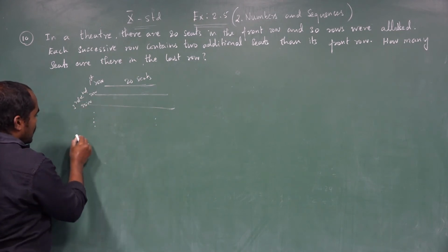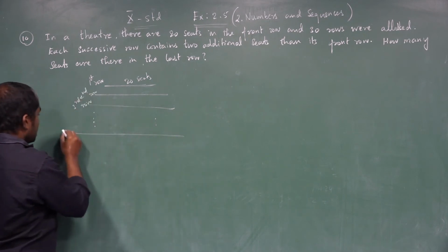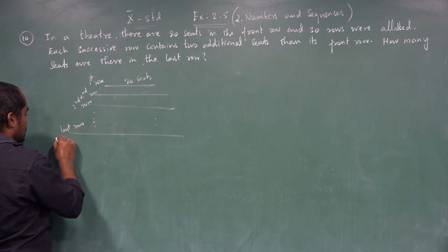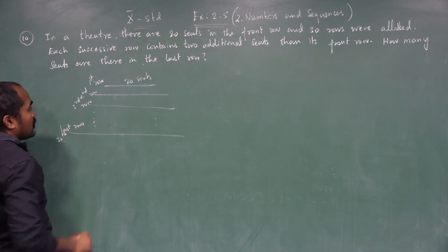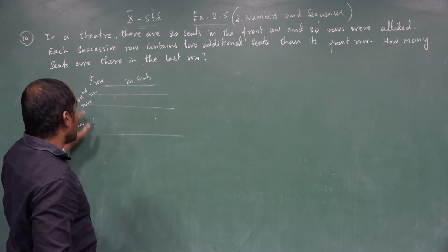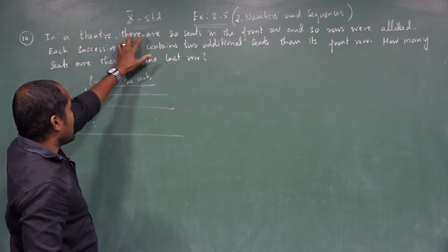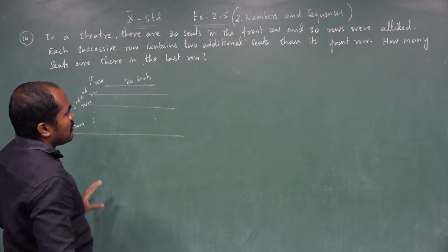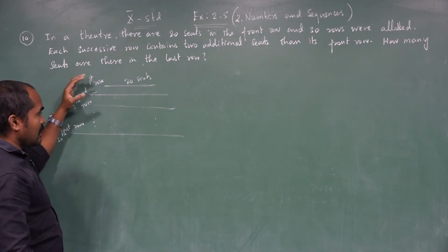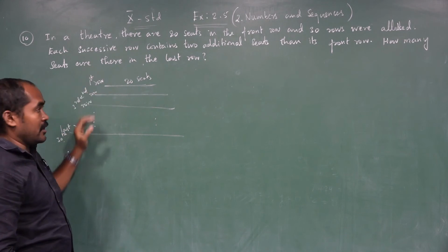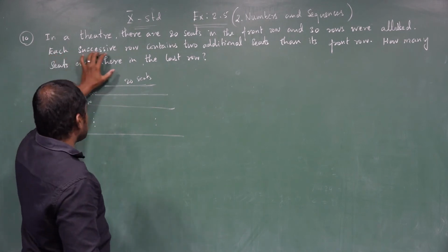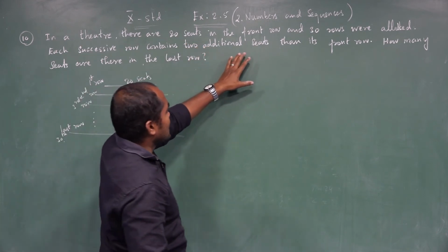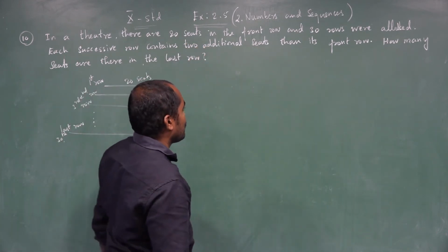In the same way, consider this is the last row, that is the 30th row. So totally how many rows are there? 30 rows.